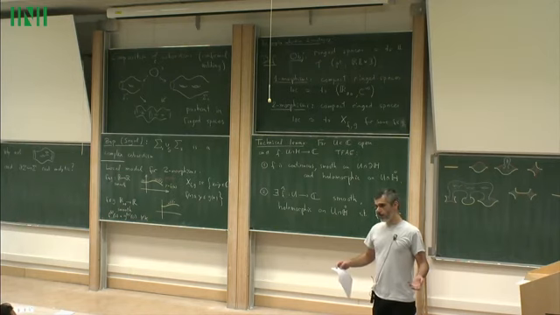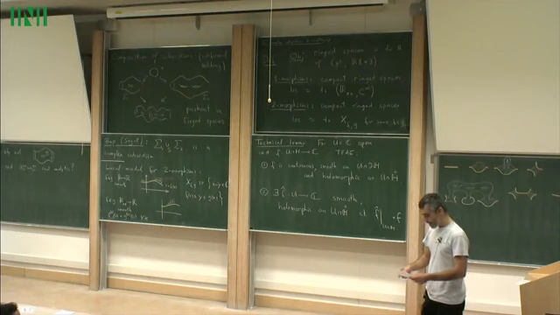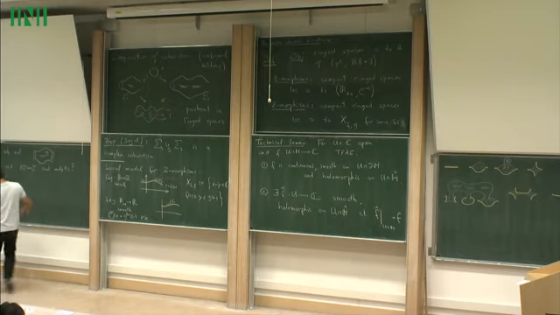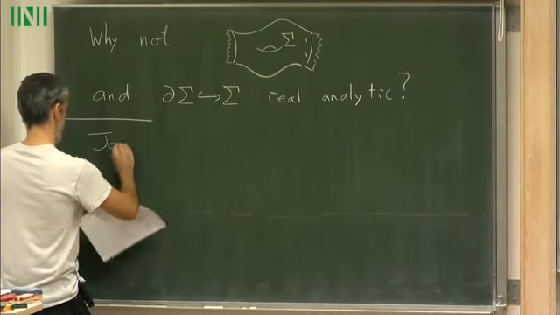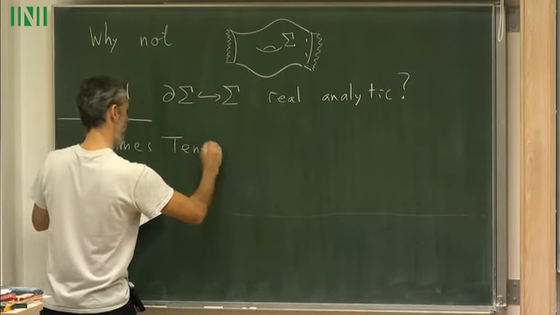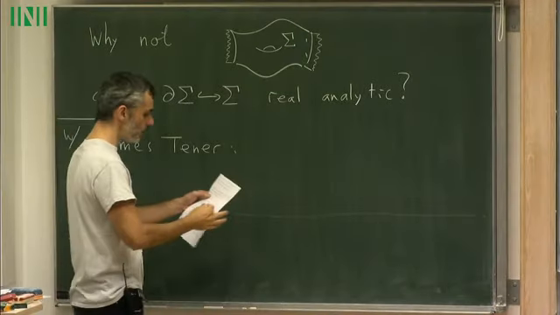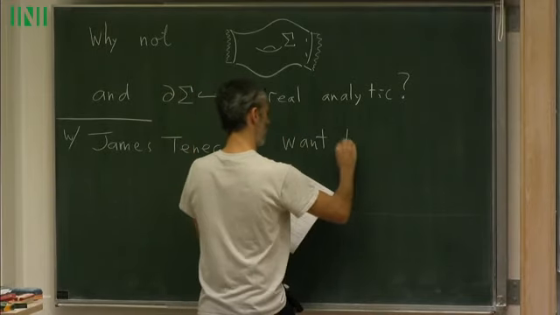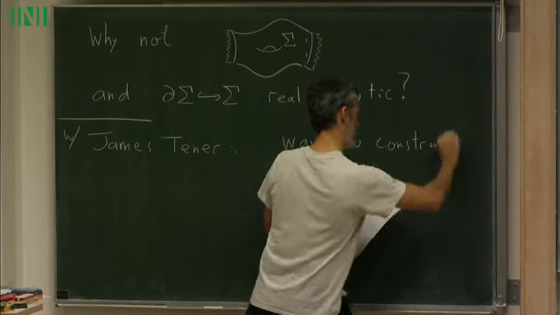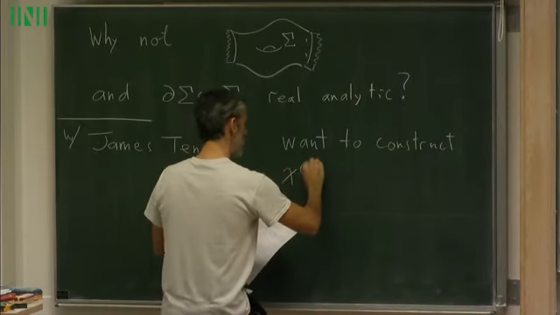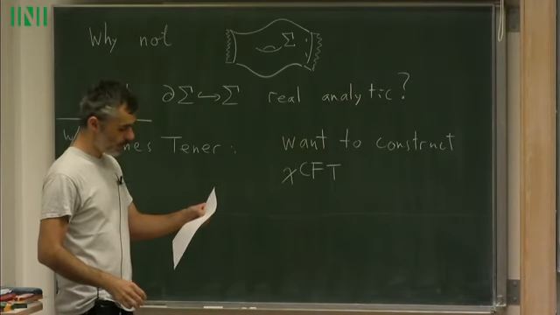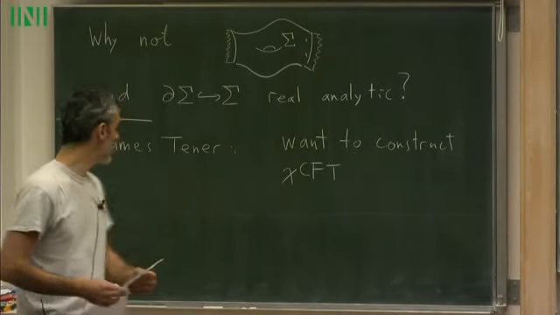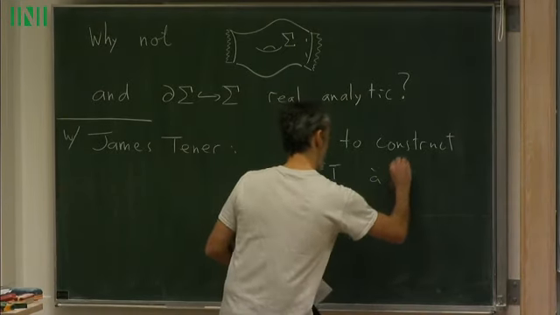My investigation of the complex cobordism 2-category is part of a wider project together with James Tenner, whose aim is to construct chiral CFTs, chiral conformal field theories, in the axiomatic approach of Graeme Segal.